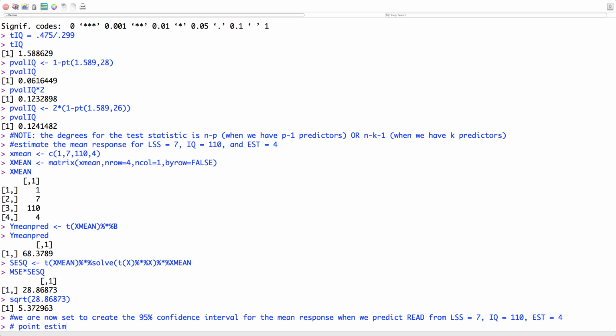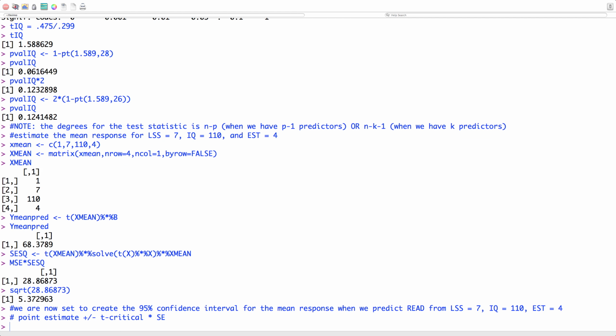We take our point estimate plus minus our T critical times our standard error. So we've got our point estimate, that's going to be the mean response, which we found to be 68.3789. We've got the standard error, but what we now need to do is find our T critical.